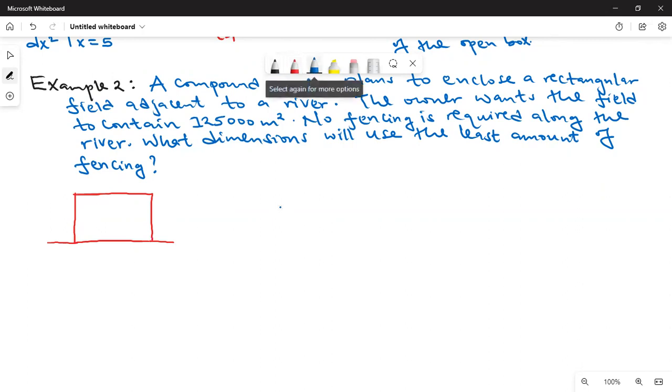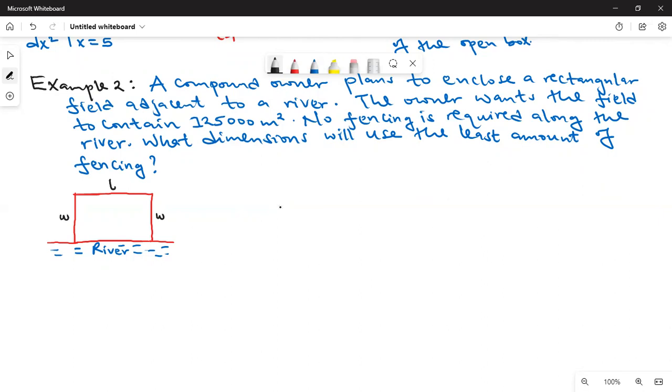This is the river, with some water that is flowing. So we don't fence the other side. So we are going to say let the length of this rectangle be L and the width be W.